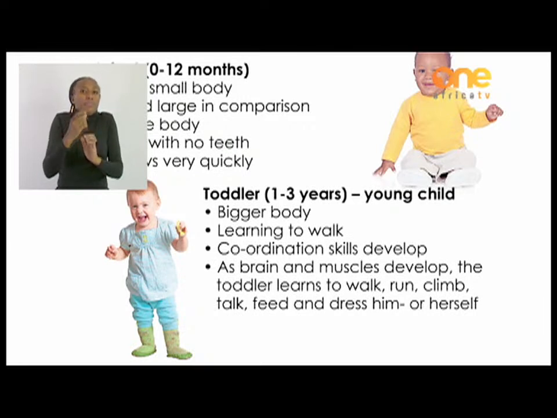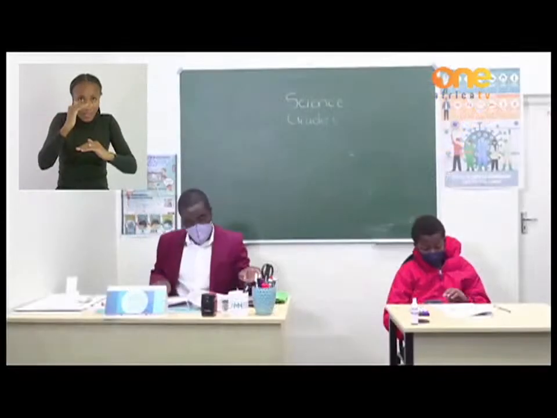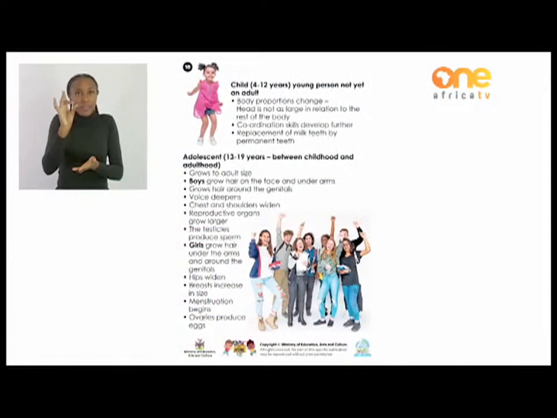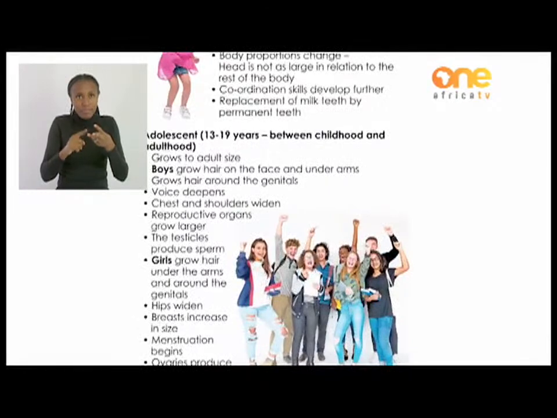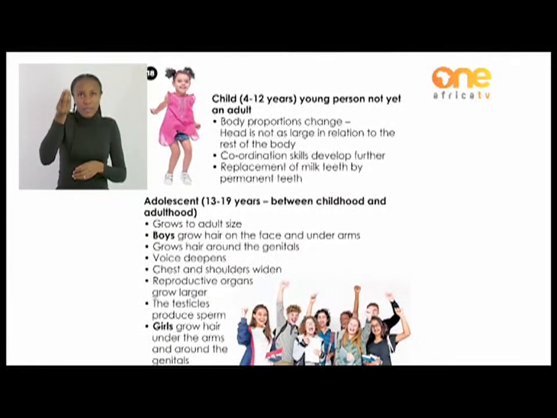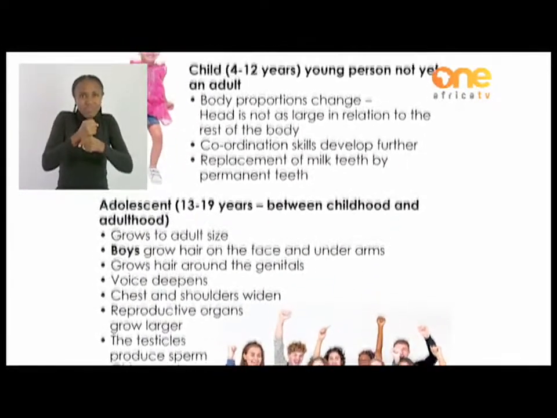This is the stage where all of us have learned how to put on our own clothes. That's the second stage of life. We are moving on to page 18. The third stage of life. A child or children, their age should be between 4 and 12.